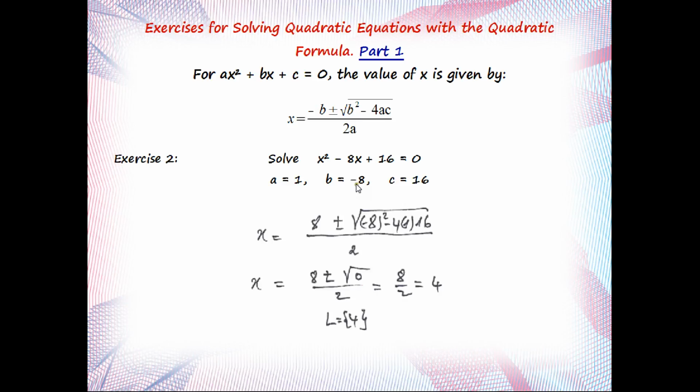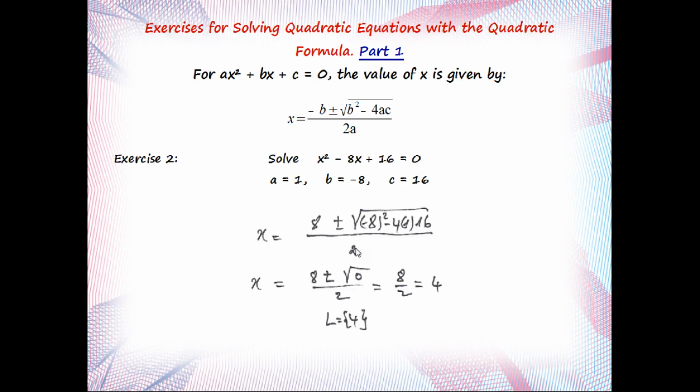Negative b is −(−8), negative is positive, so this is 8, plus or minus the square root of b². B is −8, so (−8)² minus 4 times a, which is 1, times c, which is 16, all of that over 2a. A is 1, so over 2.